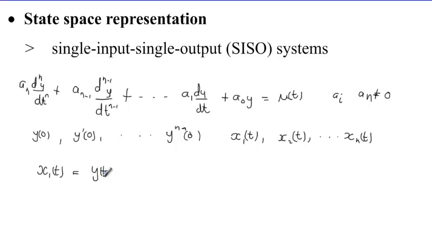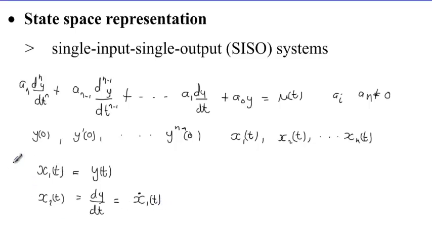And then our x2 is taken to be the derivative of y with respect to t. In this case, this will be the derivative of x1, which we denote as x dot for the derivative in short form.